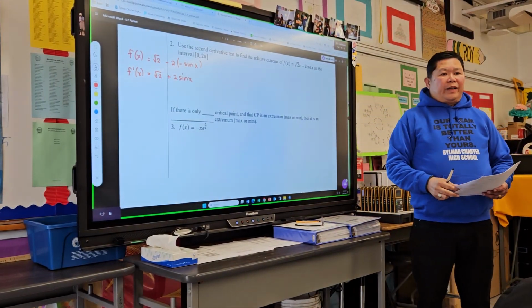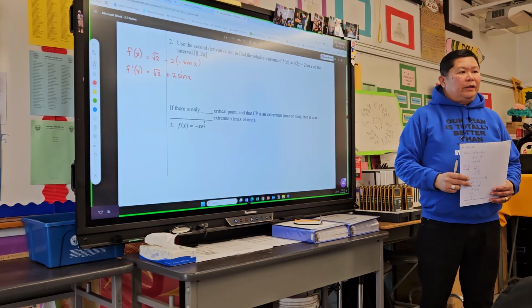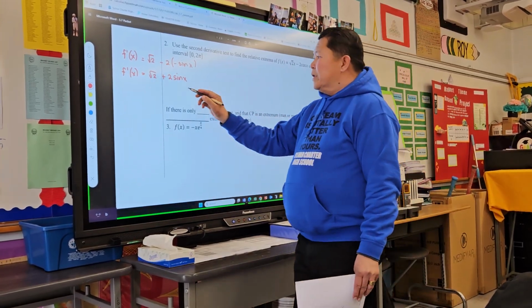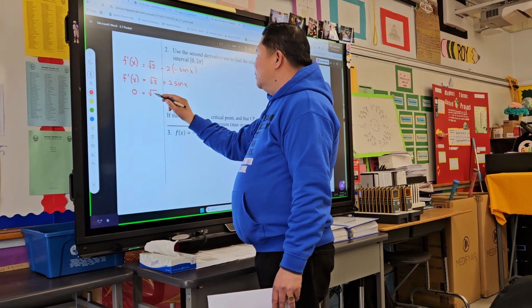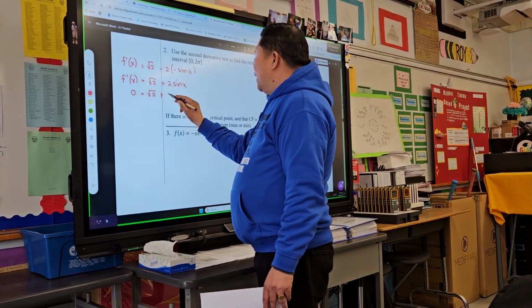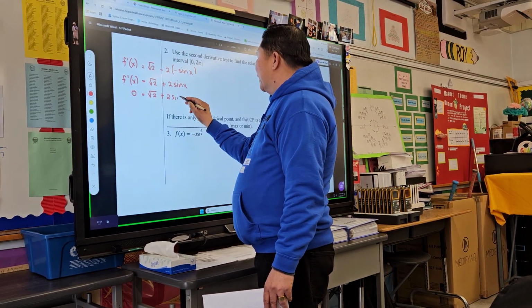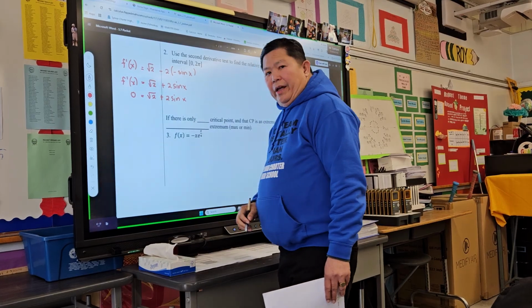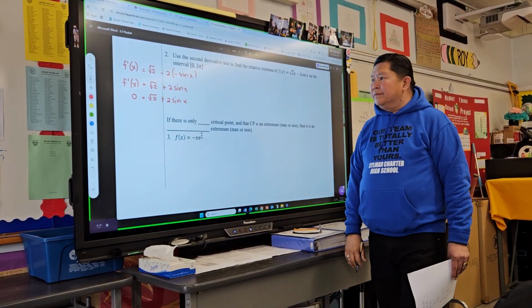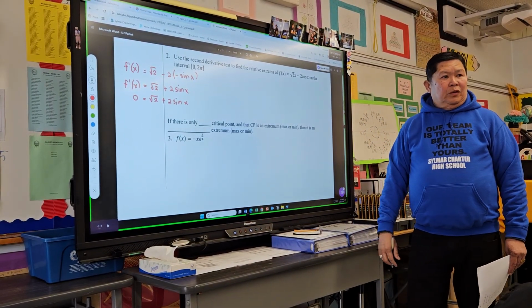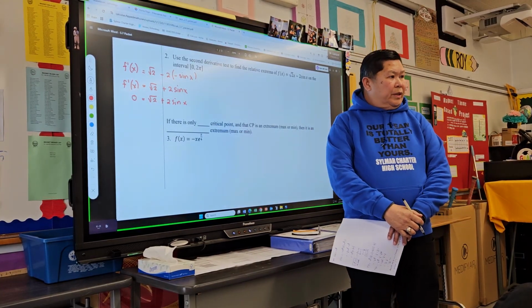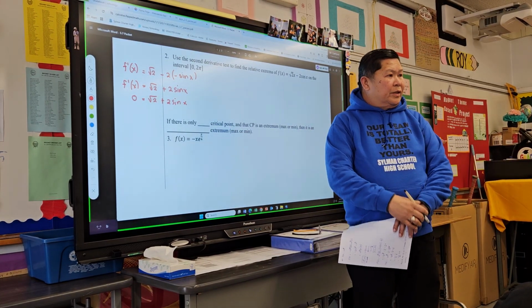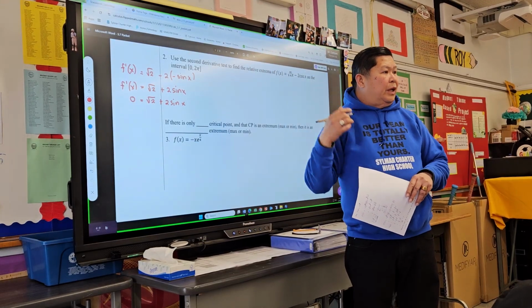So what to do next? Equate to 0. So this means 0 is equal to square root of 2 plus 2 sine x. And what's next, guys? What to do with this square root of 2? We subtract both sides, right? Or simply move square root of 2 to the left side.